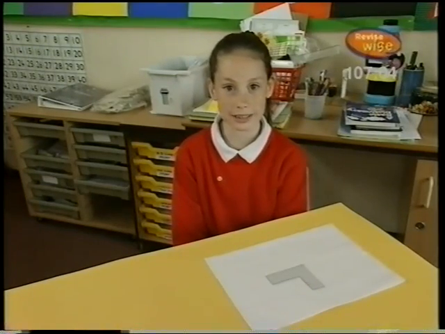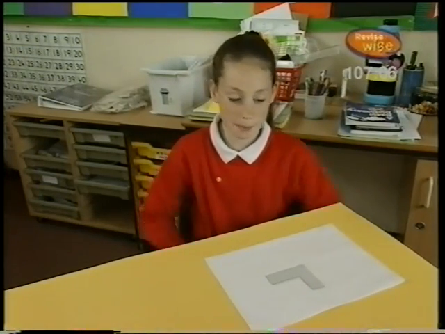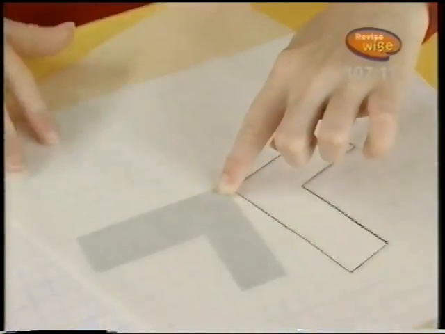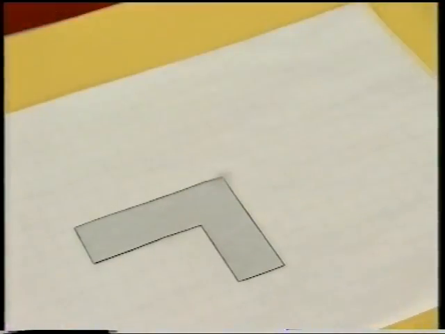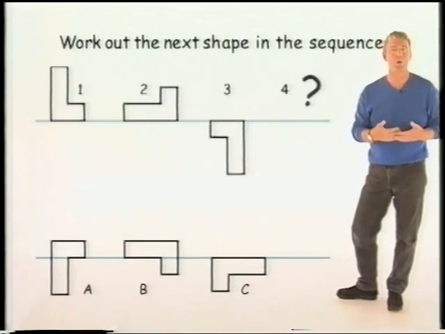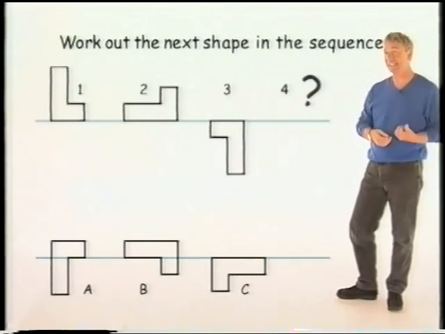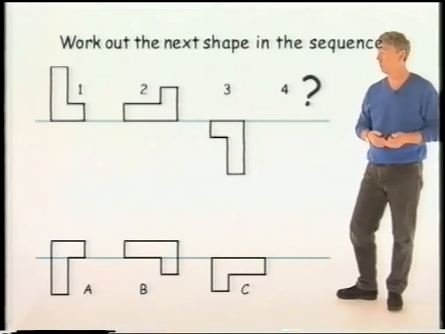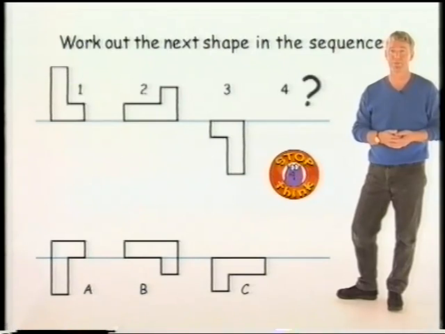You can check what a shape looks like when it's rotated by using tracing paper. First, work out what type of transformation is happening. Is it a translation, a reflection, or a rotation?